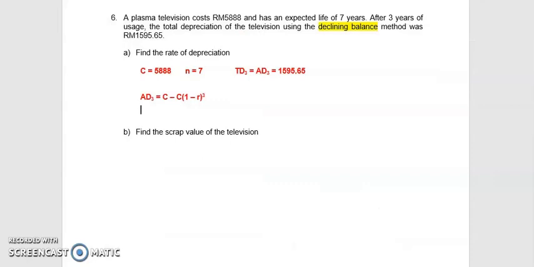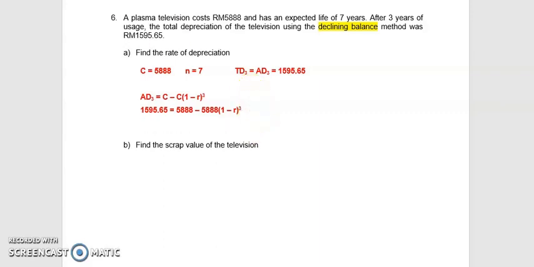Substitute the value. AD3 is 1595.65 equal to 5888 minus 5888 multiply 1 minus R power of 3 here. Simplify this one. You can bring this cost to left hand side first, so positive to left hand side becomes minus.